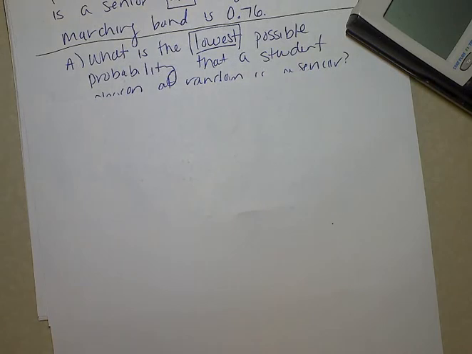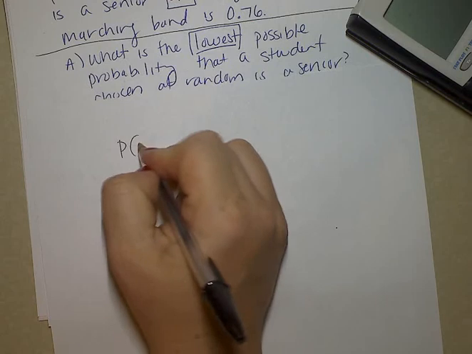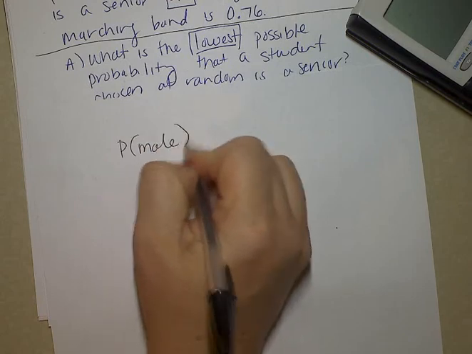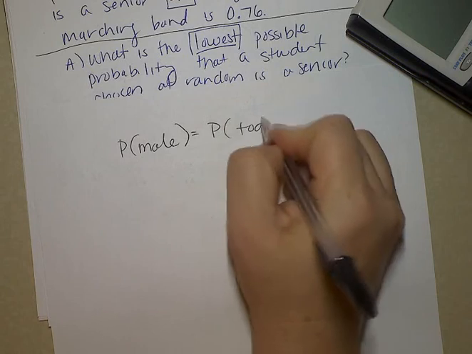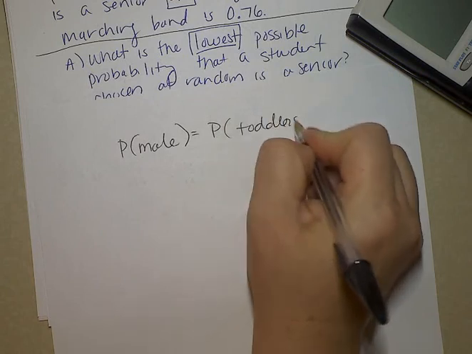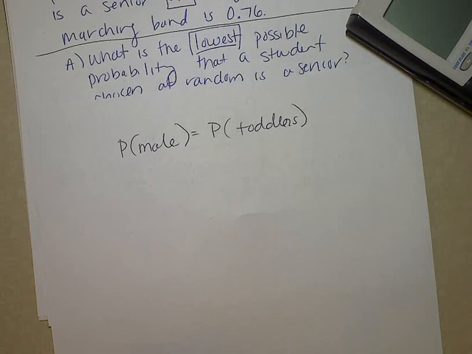Okay, you ready? So at daycare, we are told that the percentage of male children is equal to the percentage of toddlers. The percentage of male children is equal to the percentage of toddlers.